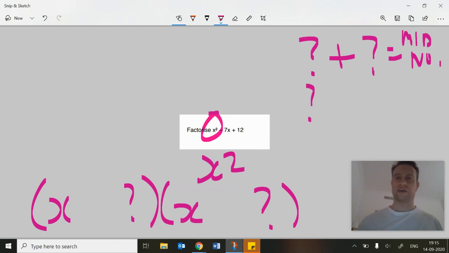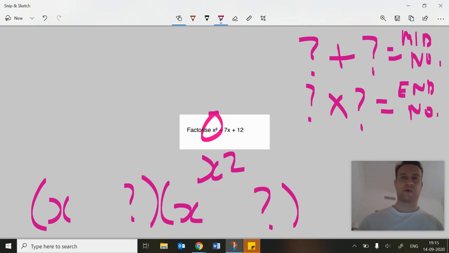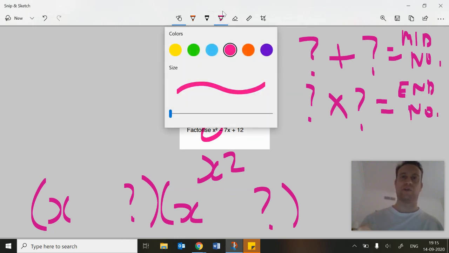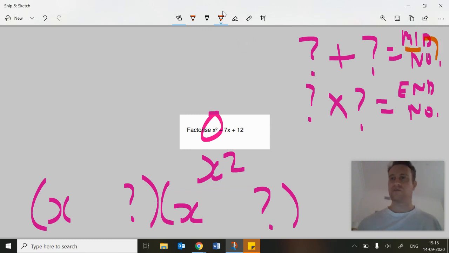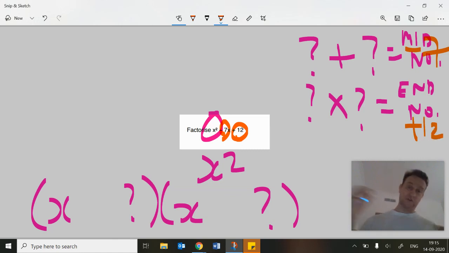And something times something is going to give you the end number. In this case, the middle number was minus 7 and the end number was plus 12. So if you can solve that puzzle, then you can do the factorization.